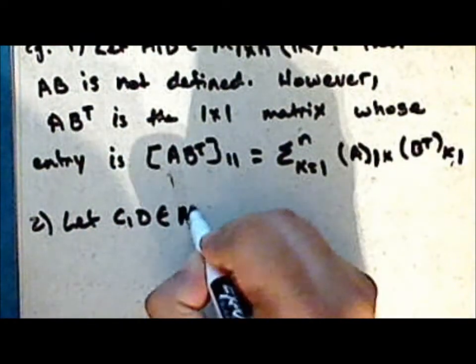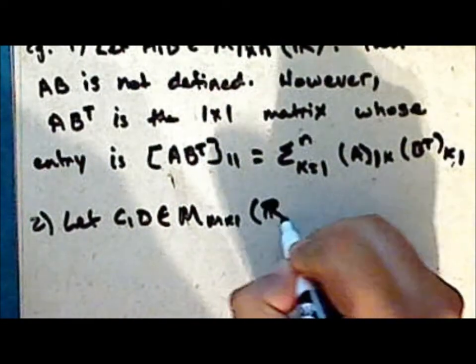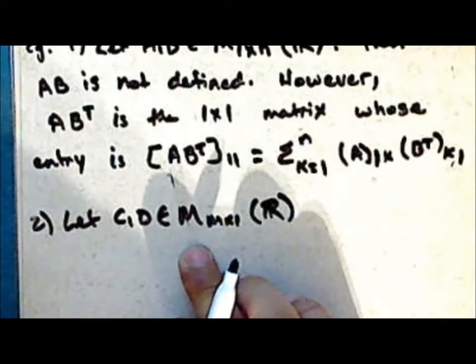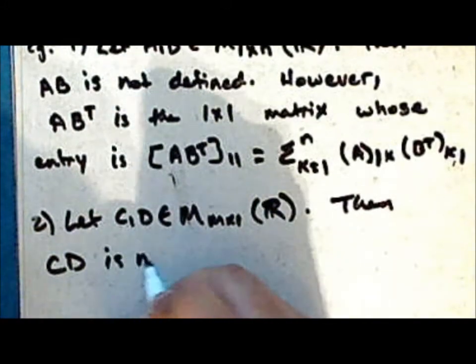Now let C and D be m by 1 matrices with real entries. So now we're looking at column vectors. Then once again, the product CD is not defined.